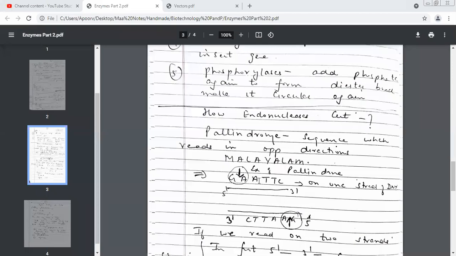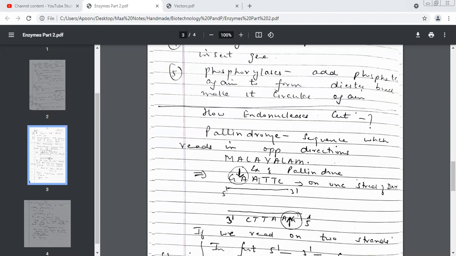Now imagine and tell me, after cutting between A and T, what will be the first strand? Name the first strand after cutting. GAA. And what will be your second strand? I'm talking about the upper strand of DNA only. TTC.